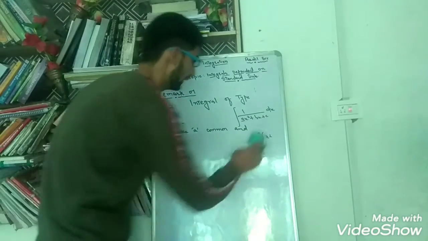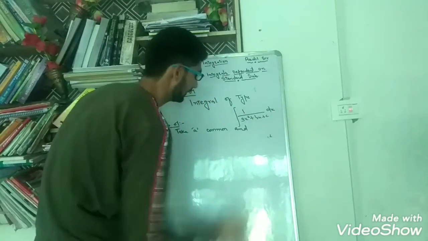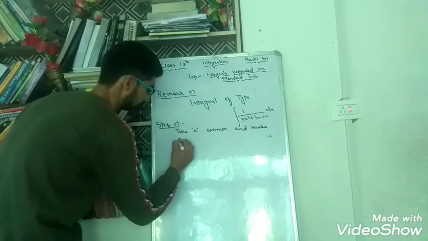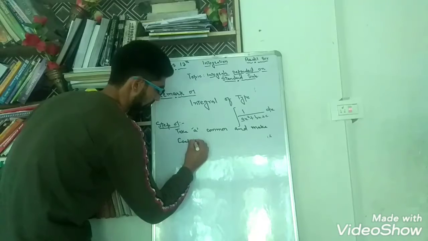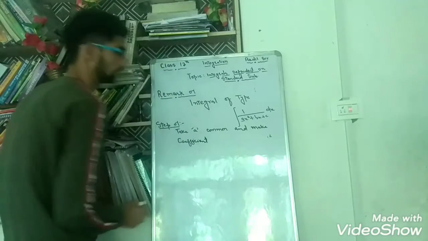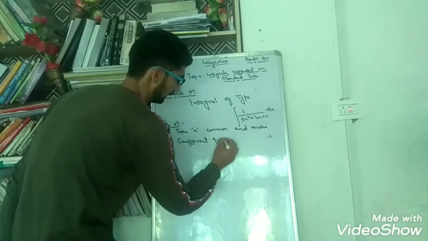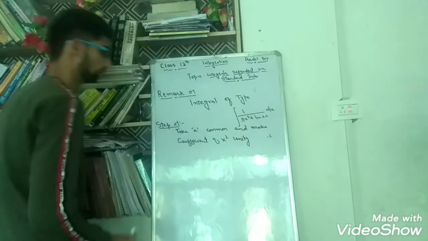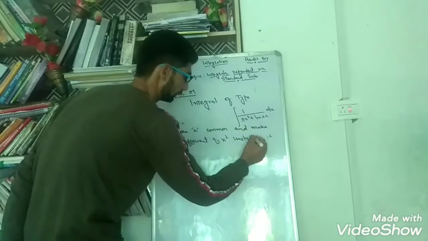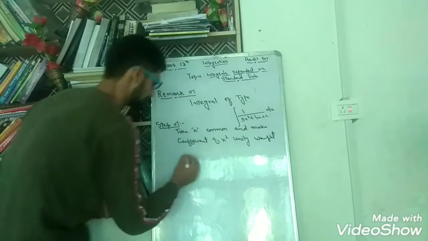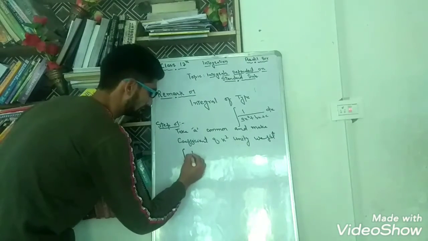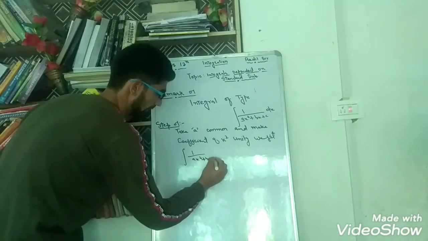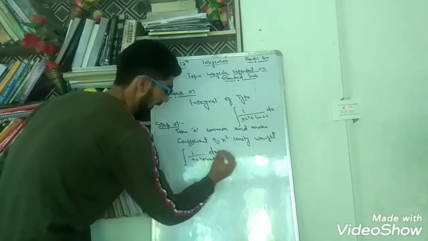So we have to make the quotient of x square unity. That is, we get this 1 divided by x square plus bx plus c.